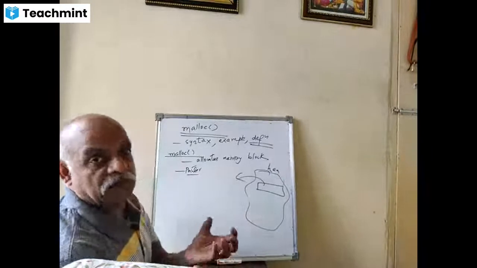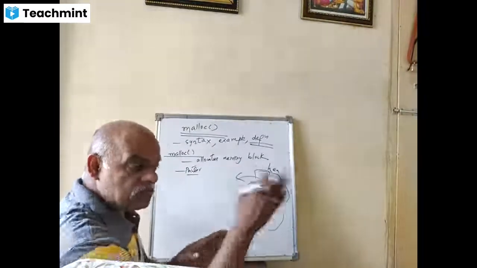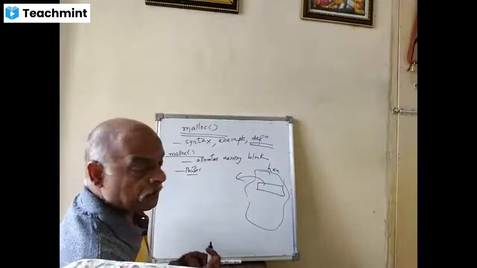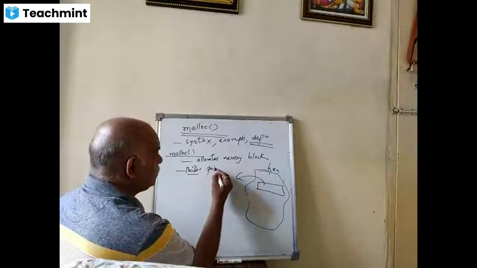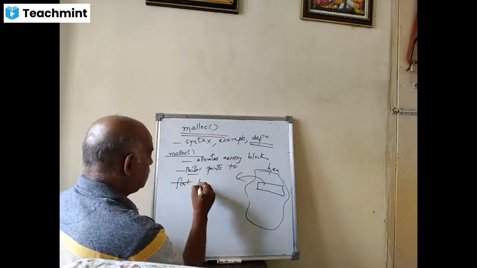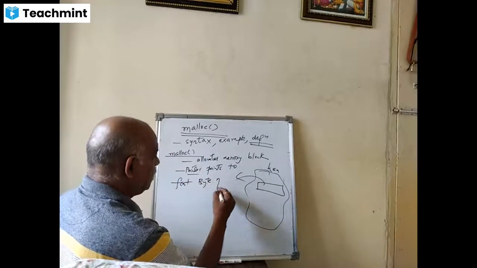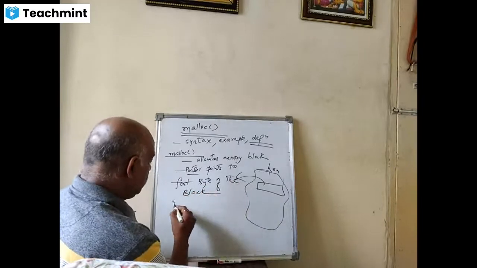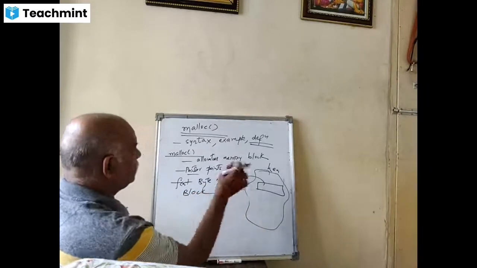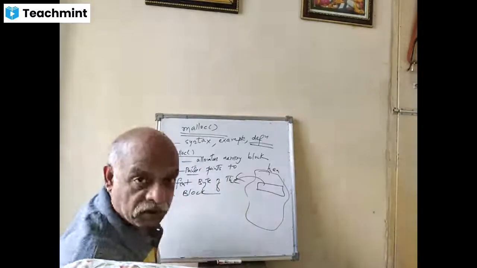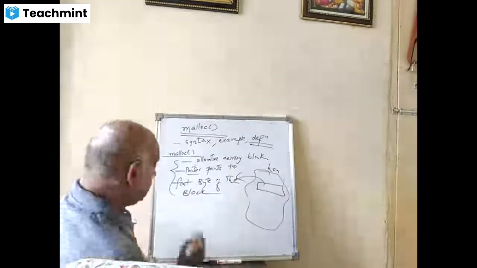A pointer means an address, pointing to the first byte of the block. The block contains a collection of bytes, right? And the pointer points to the first byte of the block. This is the minimum explanation that you have to write.